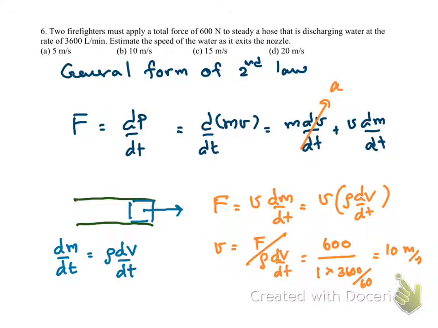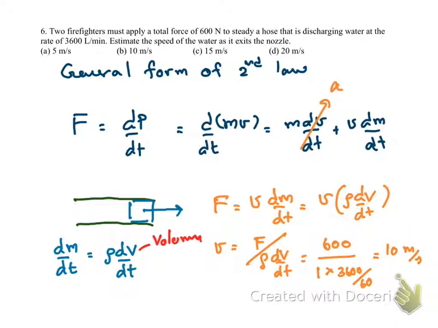Okay, and we know that dm/dt is equal to rho dV/dt. In this case, this V is the volume of the water. dV/dt is the rate of the volume discharged from the hose, which is equal to 3,600 liters per minute.